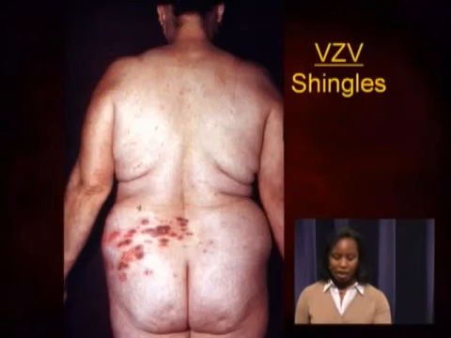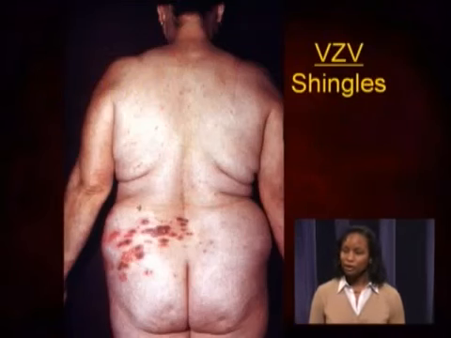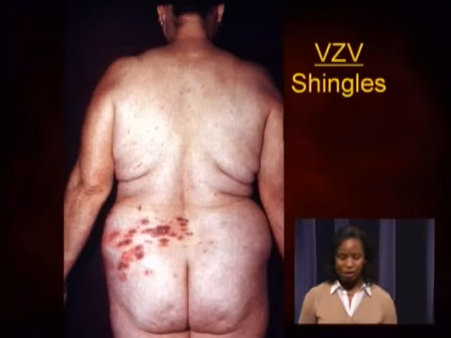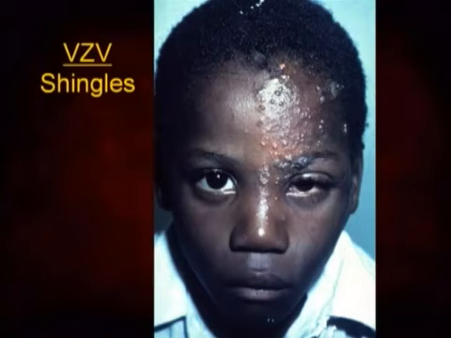And here again, another example, kind of a lumbar dermatomal involvement here with vesicles on an erythematous base. Children are not immune from getting varicella. So here's a patient with a V1 distribution of shingles, but notice his nasal tip is not involved, although he looks like he may have some ophthalmic involvement as well.